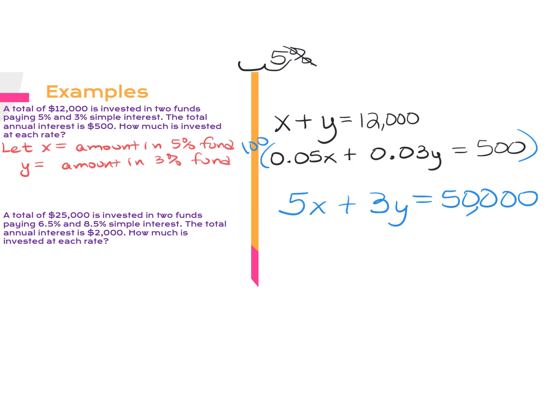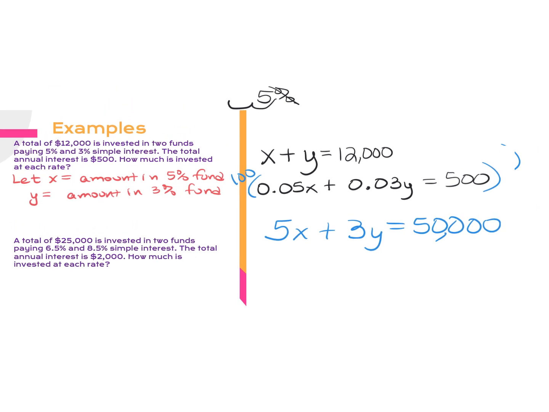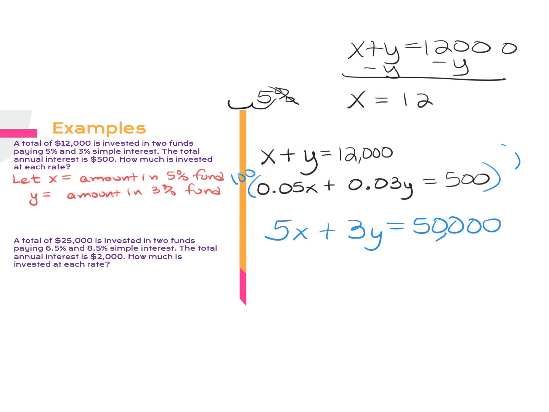So I'm going to take my first equation, my x plus y equals 12,000, and I'm going to solve it for x. So I'm going to subtract y from both sides. And now the expression that I have for x is 12,000 minus y. This is what I'm going to substitute in for the x value in my second equation.